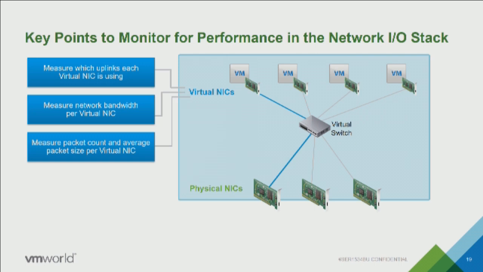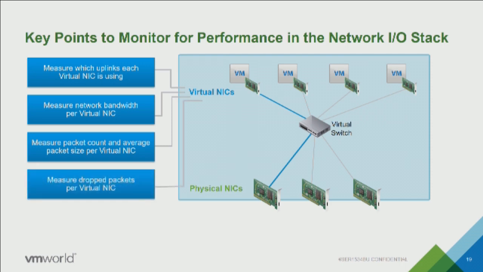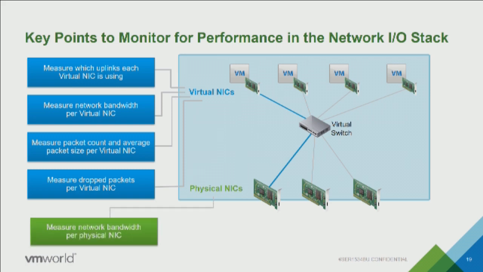We can also measure the packet count, and that's important. How are we doing on packets? How many packets are coming? But when you think about it, it's dropped packets, and for the longest time that was one of the first things you look at: are we dropping packets?